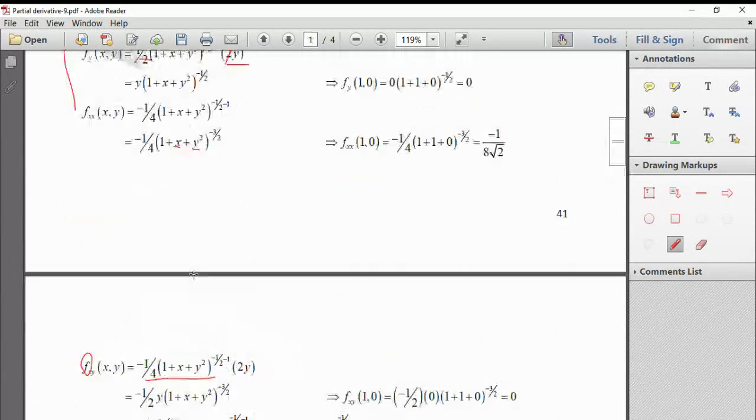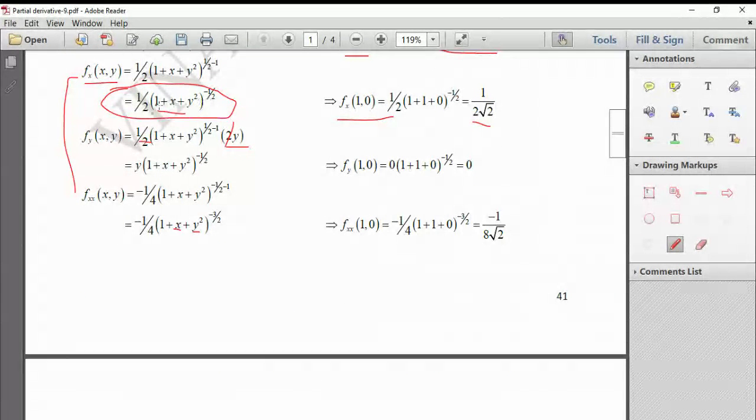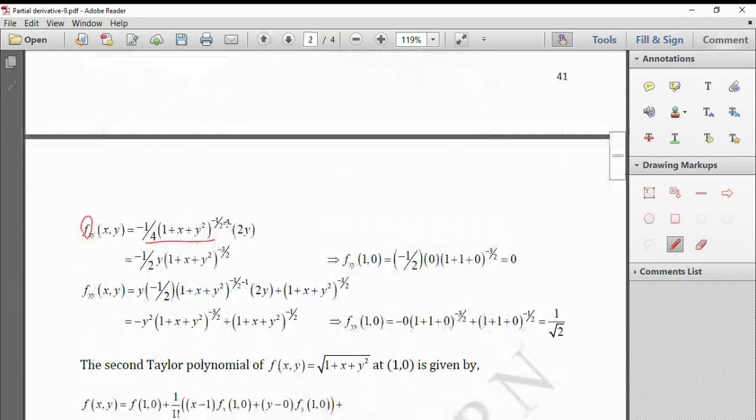Now leave the power. So you'll get derivative of 1 is 0, derivative of x is also 0 because we are differentiating with respect to y. Derivative of y square is 2y. See, we are differentiating fx with respect to y. That is what the meaning. Now 2 cancels. So minus 1 by 2y into this. But we need fxy at (1, 0). So if you put y equal to 0, you'll get 0 into anything is 0.